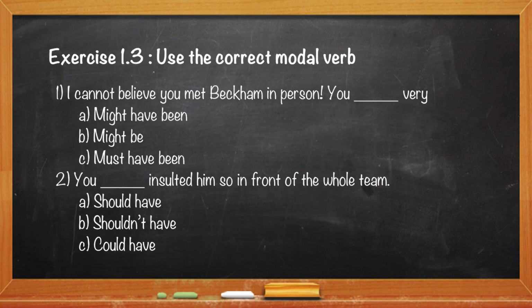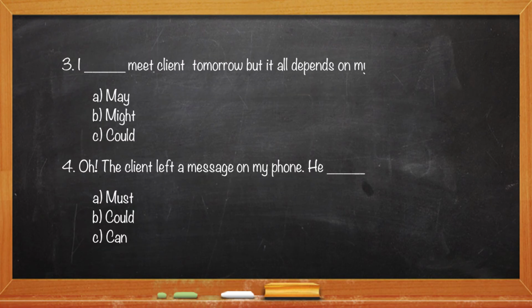Now, use the correct modal verb in these exercises. One: I cannot believe you met Beckham in person. You dash excited. Might have been, might be, must have been. Two: You dash insulted him in front of the whole team. Should have, shouldn't have, could have. Number 3: I dash meet the client tomorrow, but it all depends on my schedule.